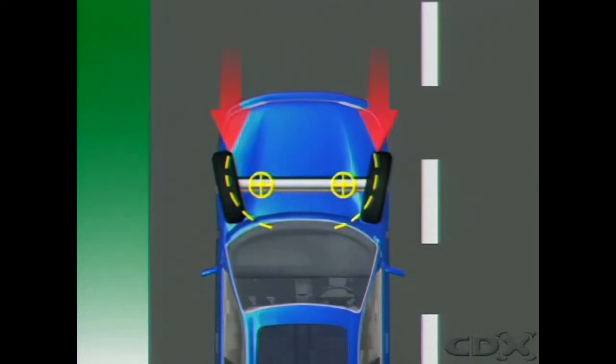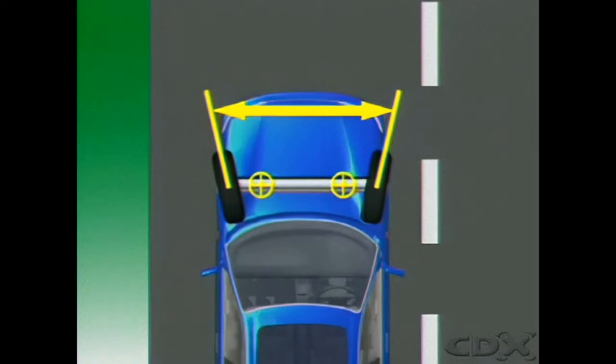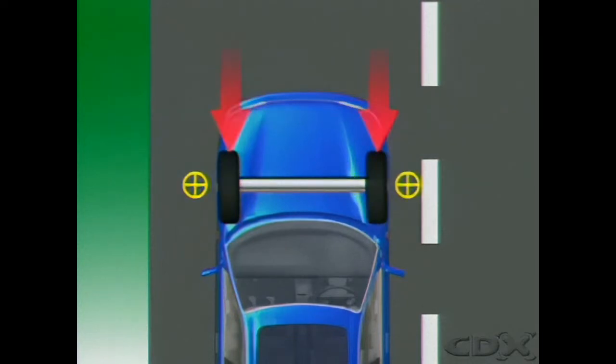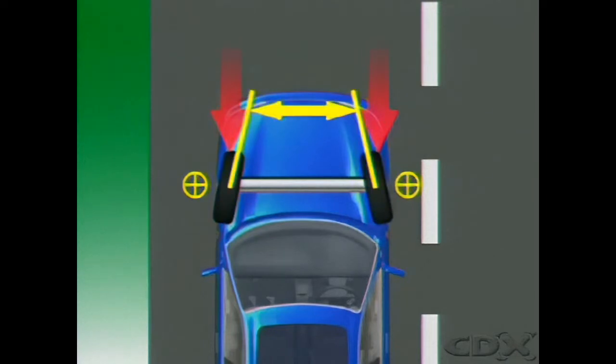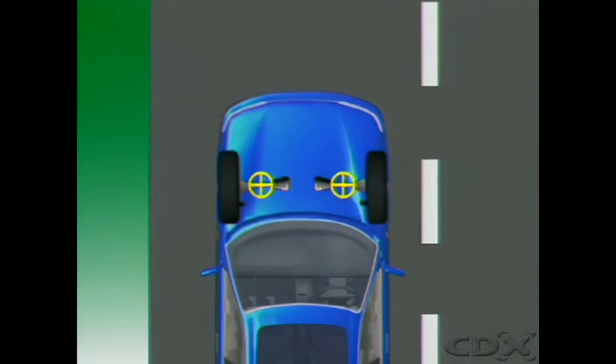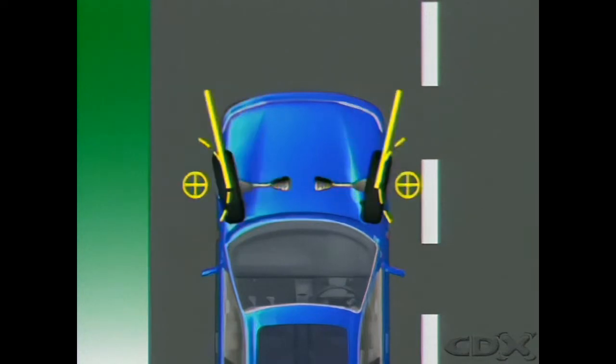This would cause the wheels to toe out. If it has negative scrub radius, the front wheels again tend to move back, but this time they toe in. On front-wheel drive vehicles, the opposite occurs. Positive scrub radius causes toe in, and negative causes toe out.